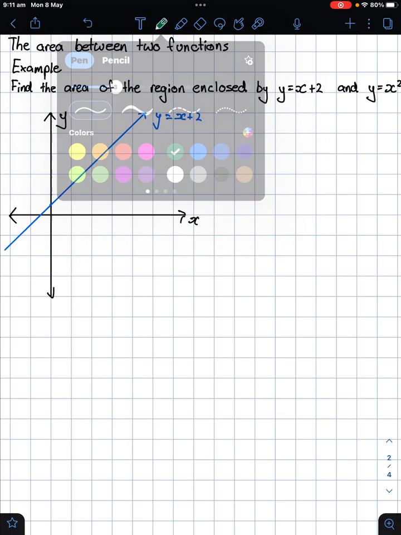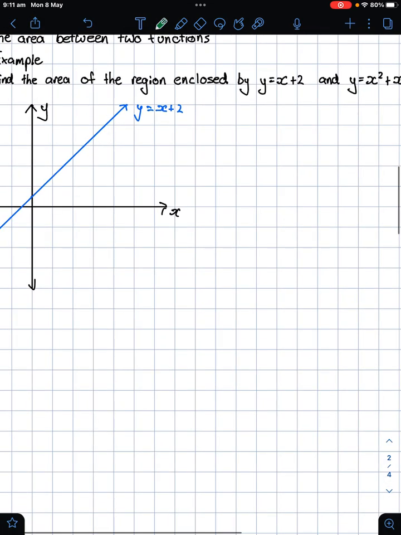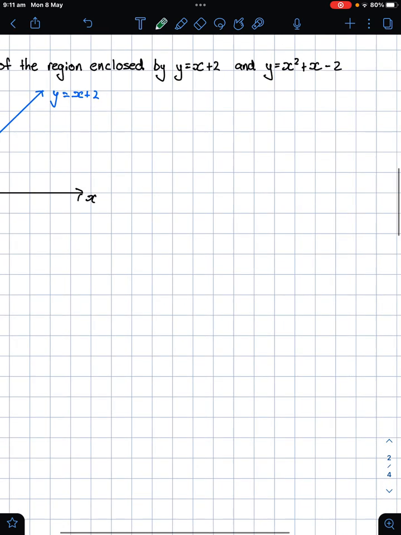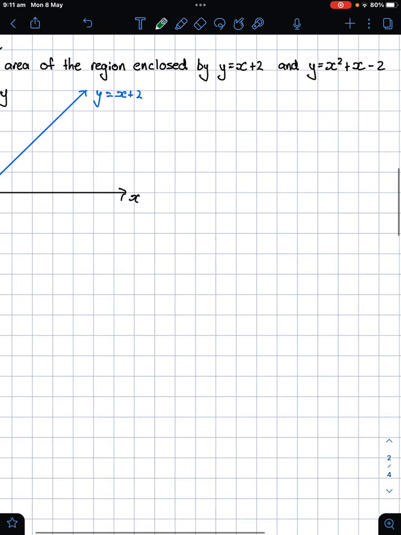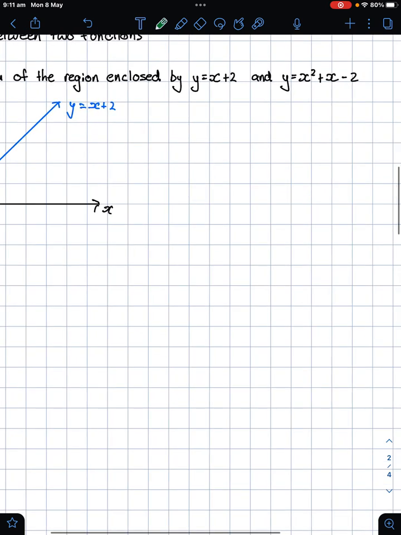Let's go to the green for our next one. So x squared plus x minus 2. This function here is going to be a parabola. I'm going to put it in my graphics calculator now, just to make it a bit easier. x squared plus x minus 2.